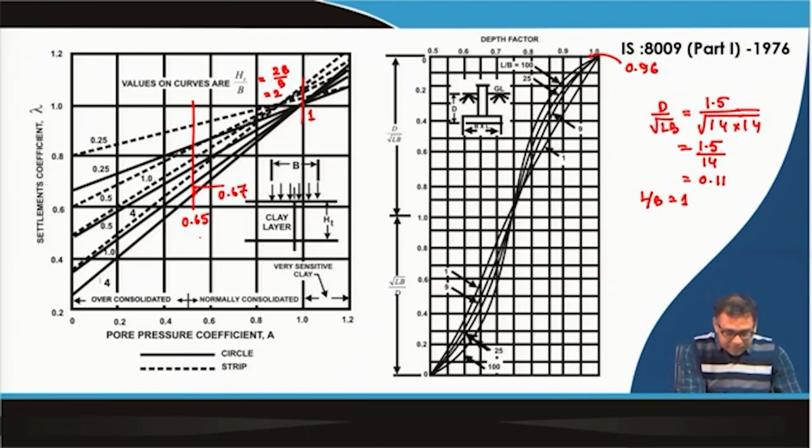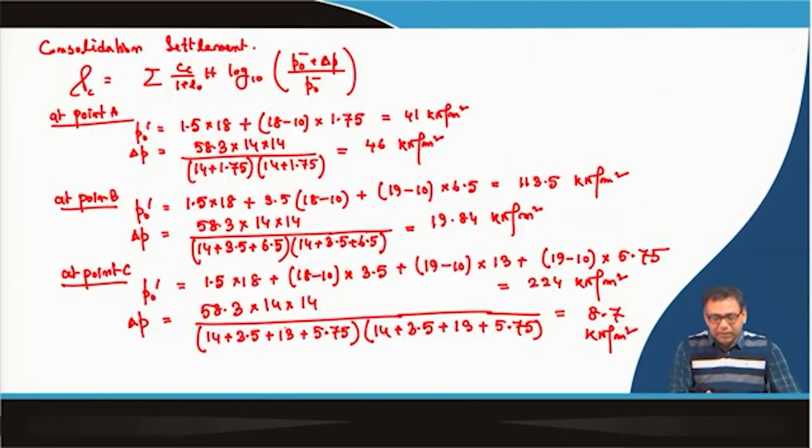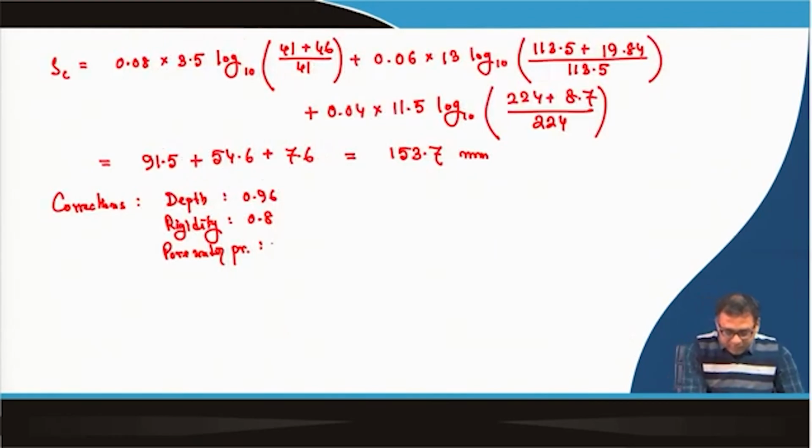So, here also you can see that for normally consolidated soil it varies from 0.65 to 1, and we are taking around 0.6, which is reasonable, but if you have this A value particularly, then you should get the actual correction factor, but here I have taken 0.7. Okay.